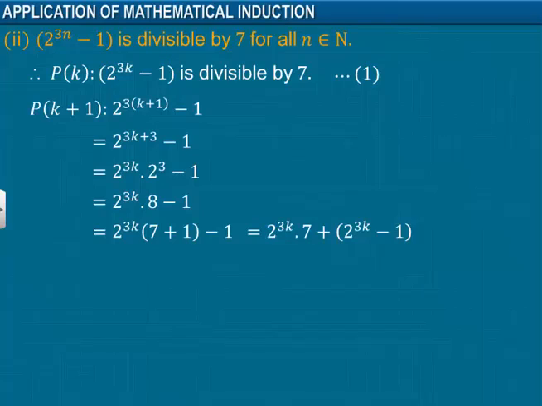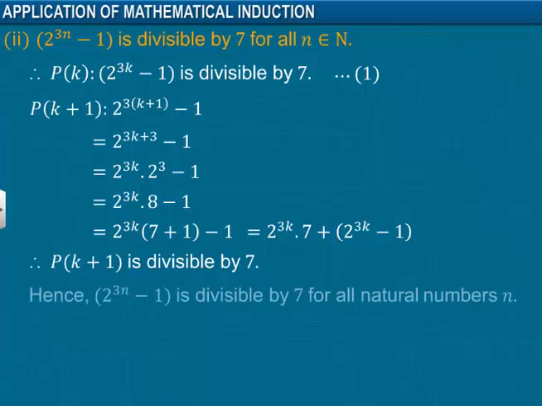And 2 raised to the power 3k minus 1 is divisible by 7 from equation 1. Therefore, the statement is true for n equal to k plus 1. Hence, the statement is divisible by 7 for all natural numbers n.